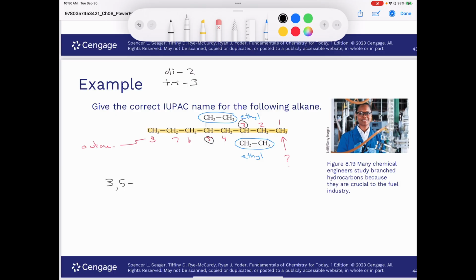If there's 4 of something, we use the prefix tetra. If there's 5 of something, we use the prefix penta. And if there's 6 of something, we use the prefix hexa. So since the two ethyls are identical, we don't say 3-ethyl, 5-ethyl octane. We say 3,5-diethyloctane.